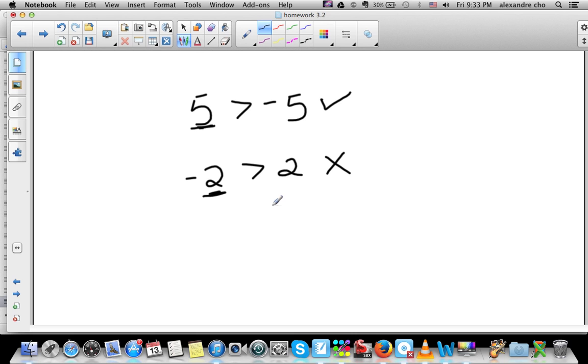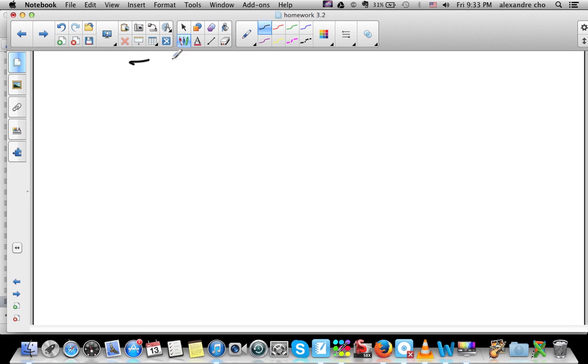5. Blake says that he can use absolute value to help order numbers. Negative 6 over 5 and negative 2/3. He says the absolute value of negative 6/5 is greater, so it's farther away from 0. So let's change this to a mixed number, which is negative 1 1/5.